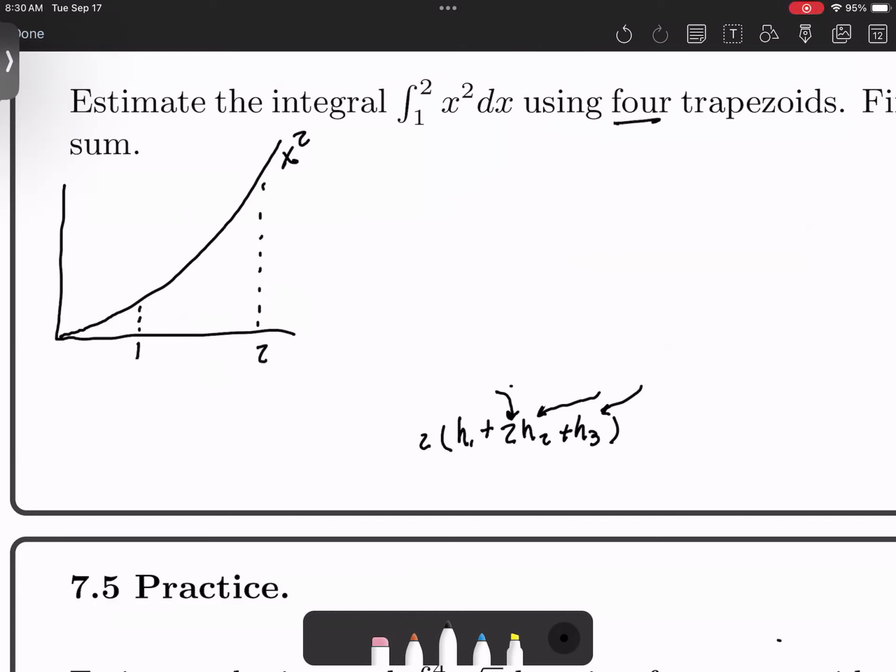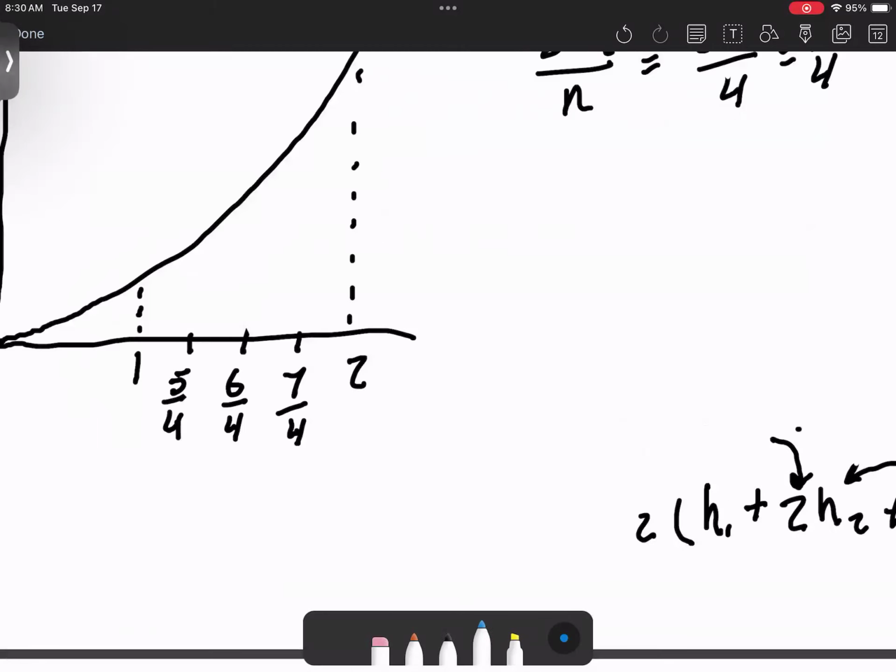If I want to use 4 trapezoids, then the base of each trapezoid will be b minus a over n, so 2 minus 1 over 4, or 1/4. So my first trapezoid will go from 1 to 5/4, and then to 6/4, and then to 7/4, and then finally 8/4 is the 2.